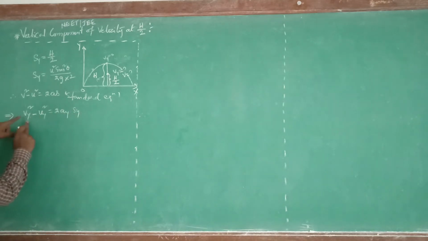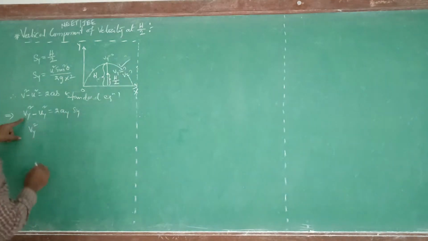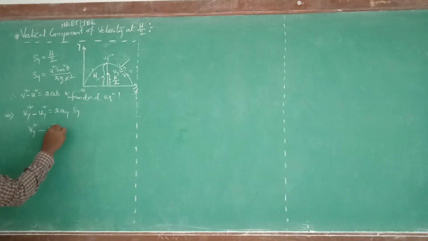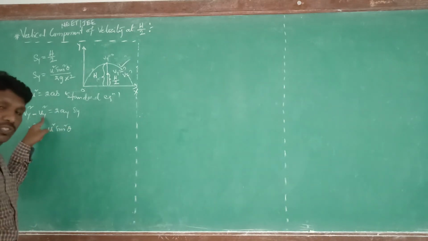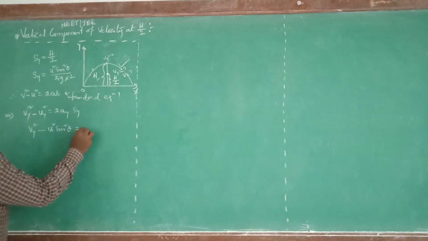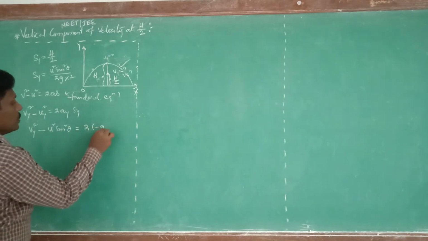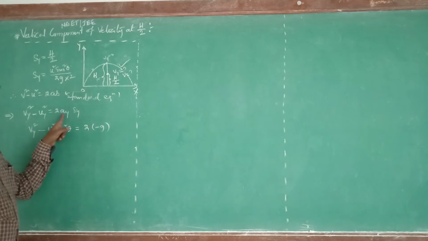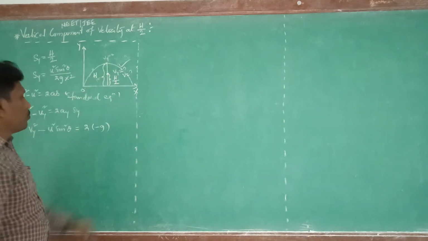Vy square minus uy square is equal to 2 ay into sy. Vy is what we are going to find out. Minus u square sin square theta, since uy is u sin theta, equal to 2 into minus g, because a is equal to minus g when going in the upward direction.